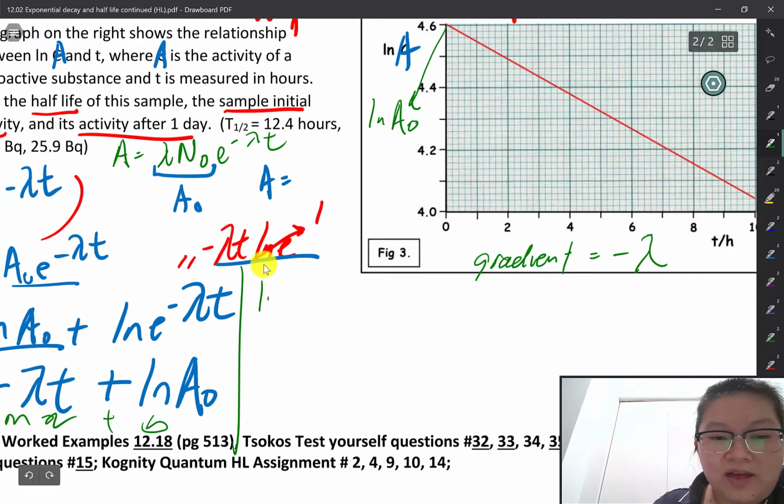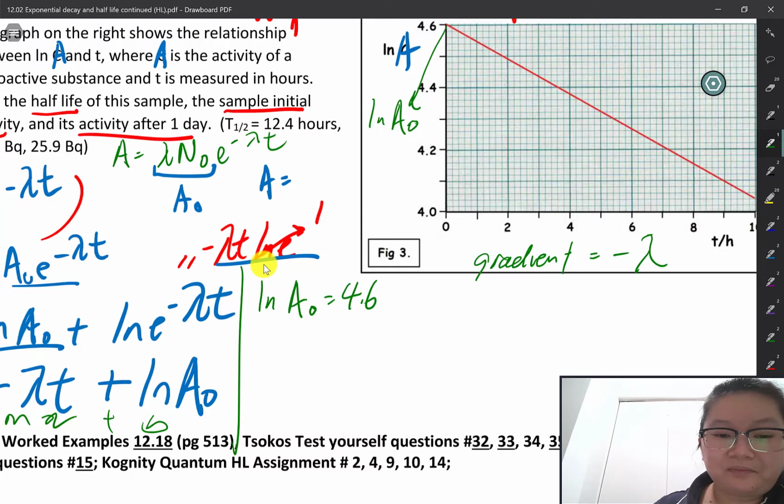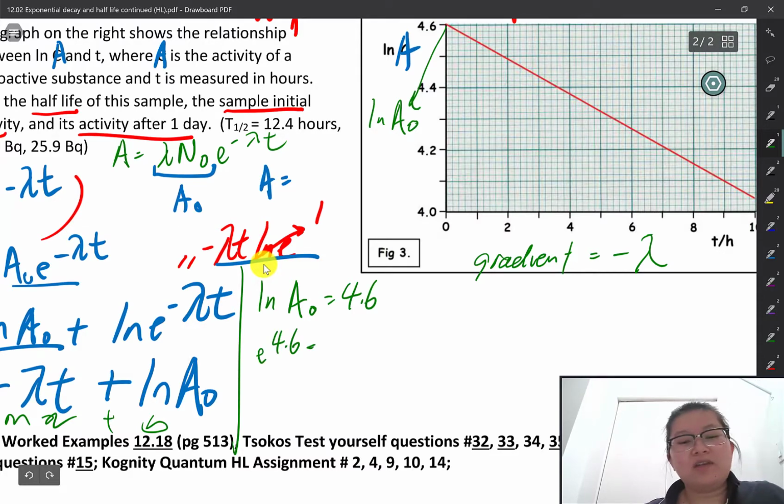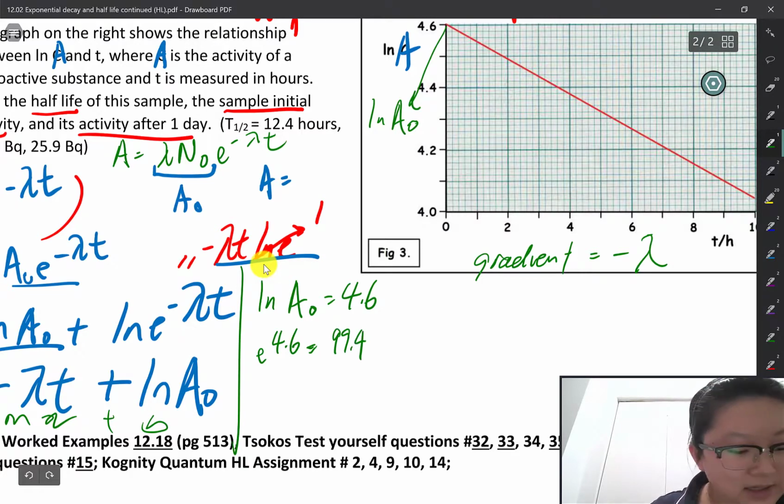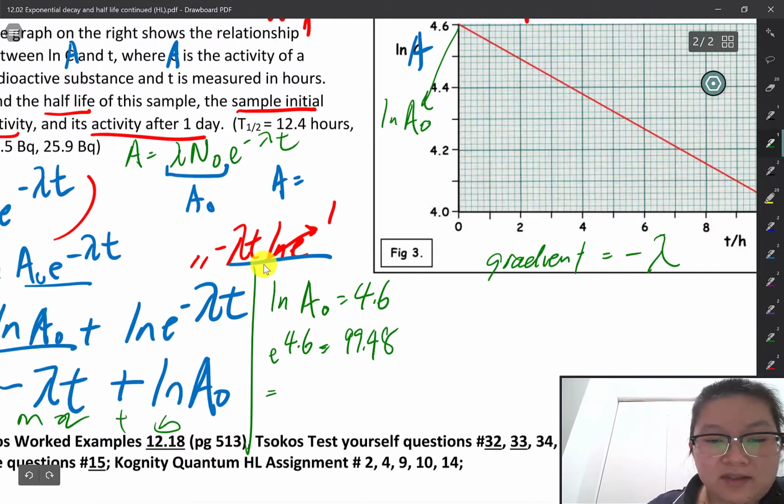So we know that ln A naught is 4.6, okay? And meaning if we want to solve for the initial activity, using the definition of the natural logarithm, e to the power of 4.6 is going to give us our initial activity, and that is 99.48 becquerel, or rounded to 2 sig figs, 99 becquerel.